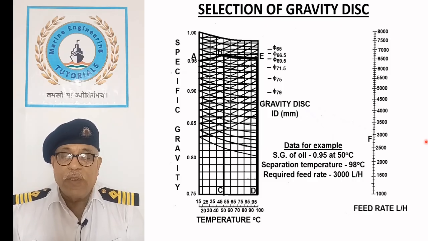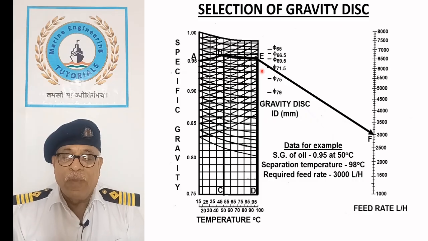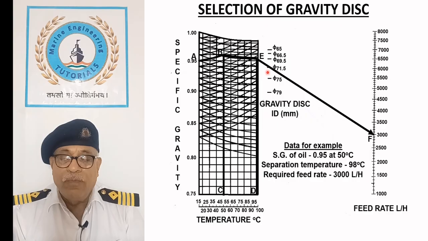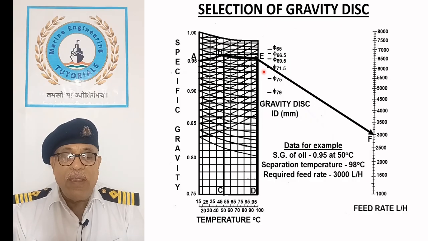Point F is marked on the feed rate line to select feed rate as 3000 liters per hour. Join EF, which cuts gravity disk ID line and gives 71.5 as the approximate size.